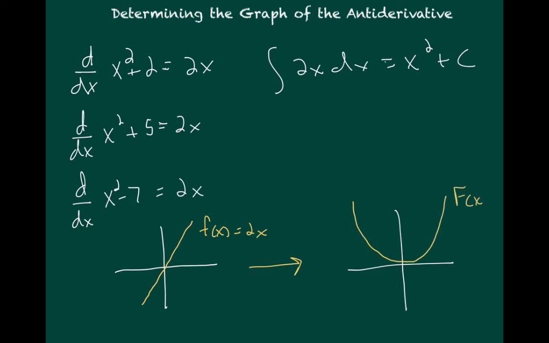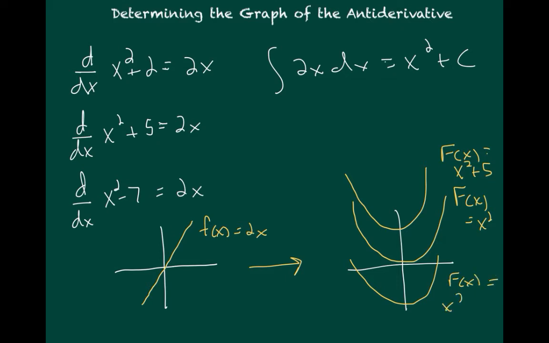Maybe big F of x just equals x squared. Or maybe big F of x is up here, where it's x squared plus 5. Or maybe big F of x is down here, where big F of x equals x squared minus 7.